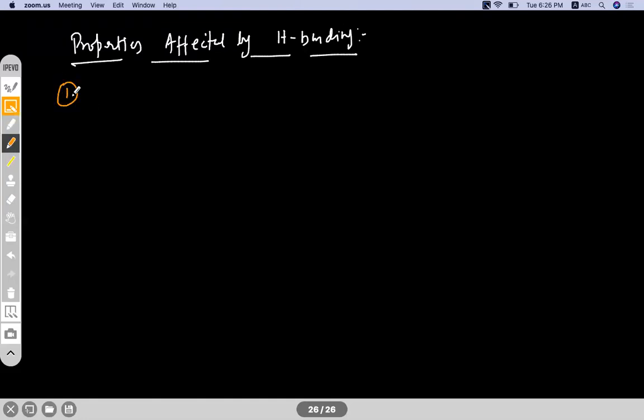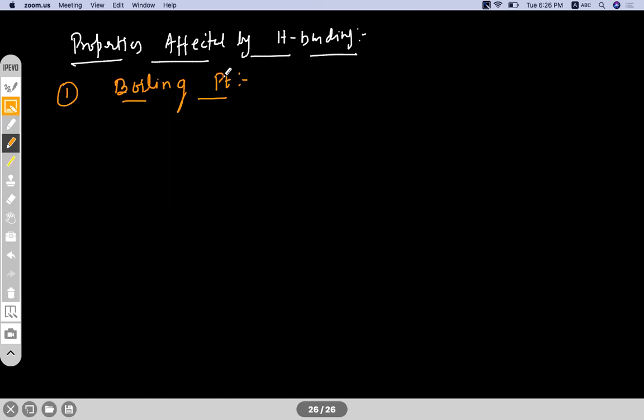First one, boiling point. Just now I said, write down, because of intermolecular hydrogen bonding, see, hydrogen bondings are weak bonds. We don't talk about the stability because of hydrogen bonding, right?